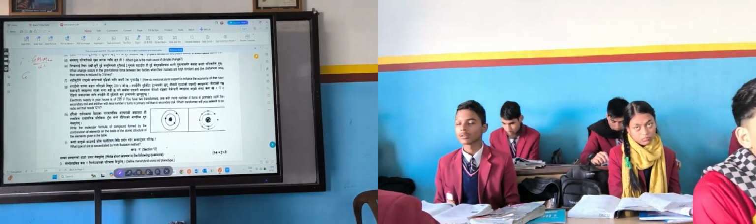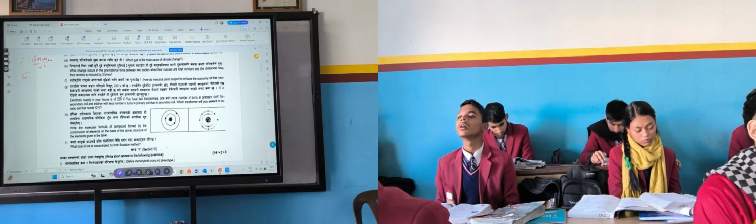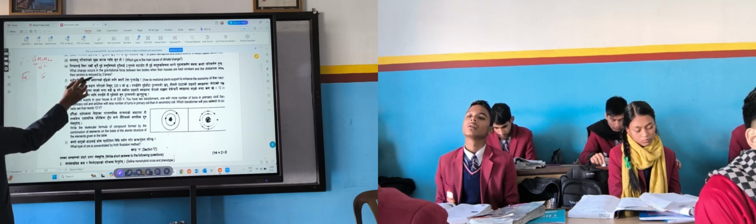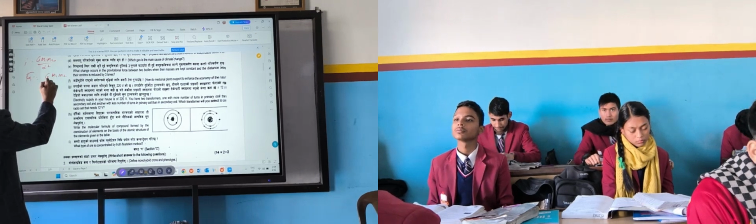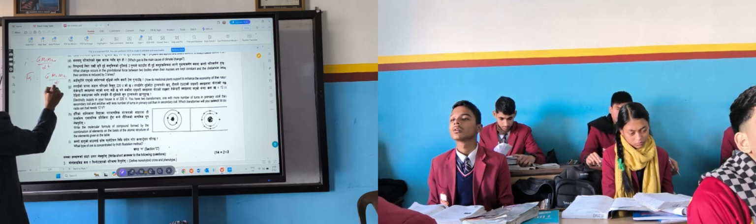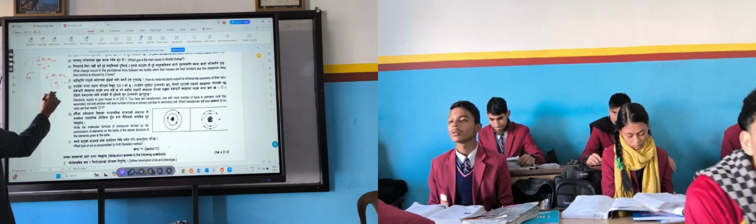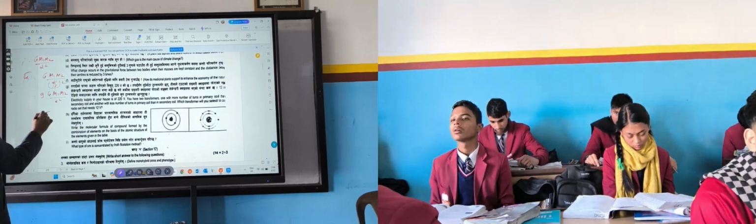This is one condition, right? It is a 1 mark question, so tactfully we have to solve it. Now F1 equals G m1 m2 by (d by 3) square, which becomes 9G m1 m2 by d square, means 9F.